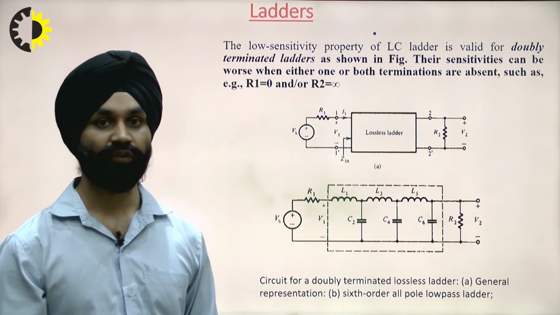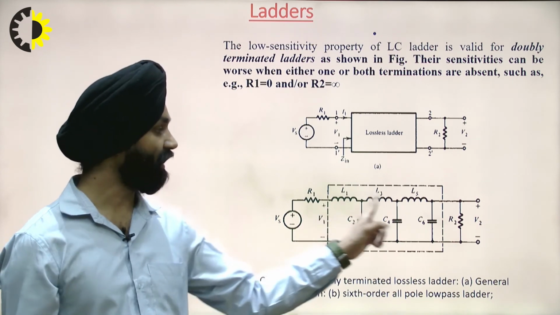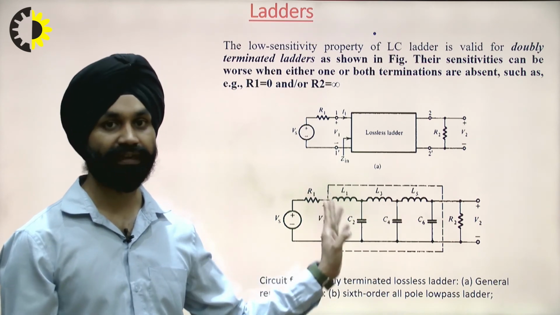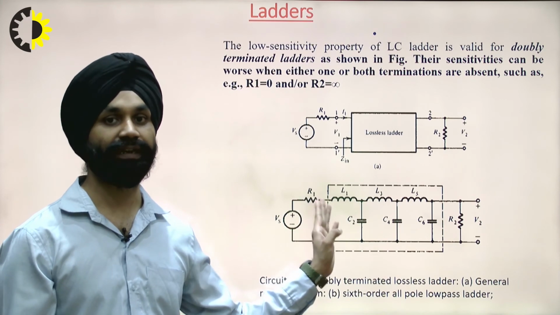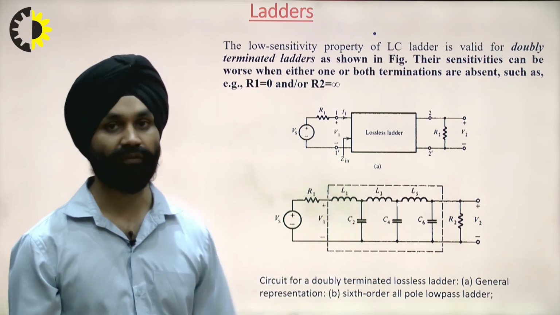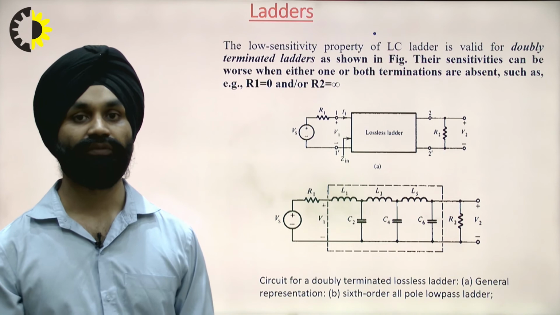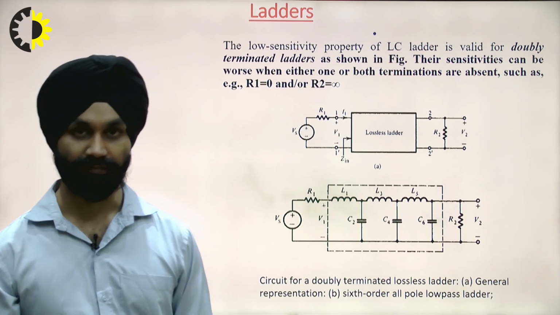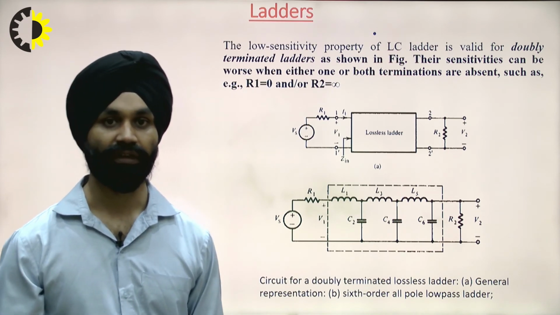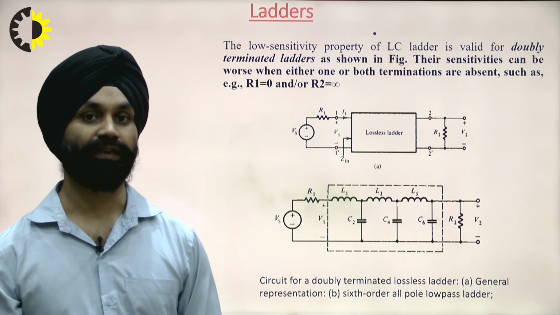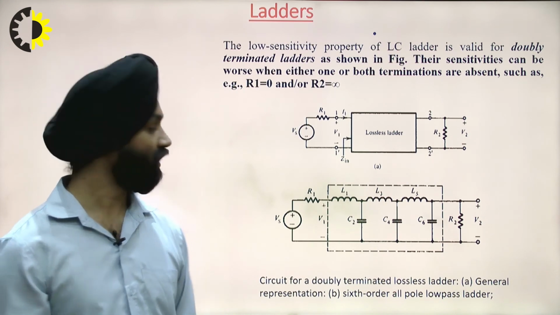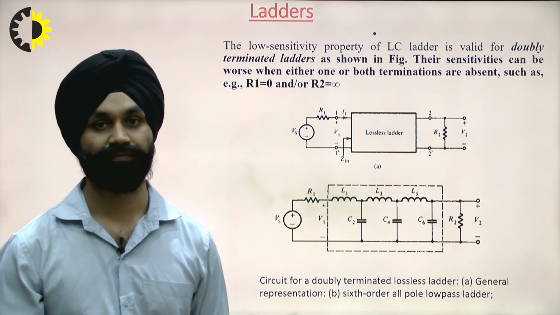Now if you can see here, the inductors in the ladder circuit, L1, L3 and L5, are floating inductors. So we have to use two gyrator circuits here.